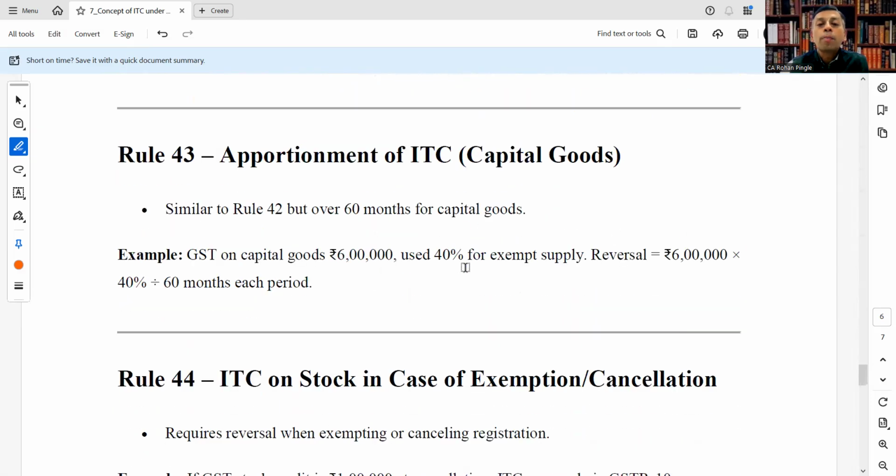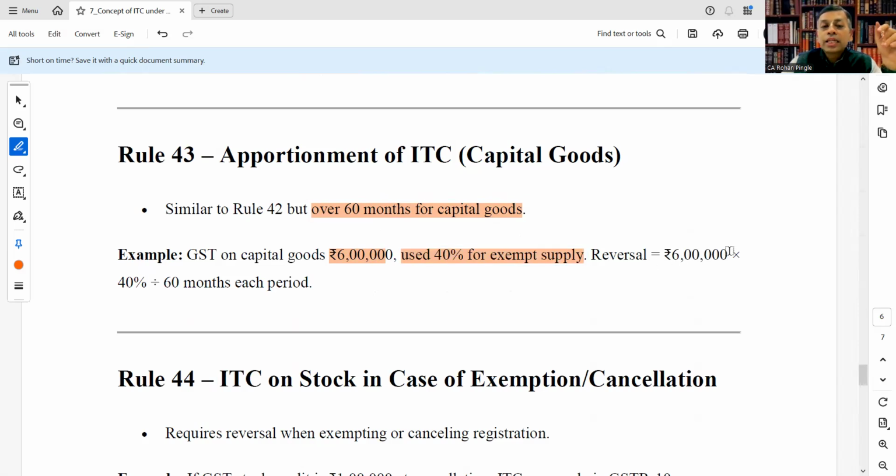Rule 43, apportionment of ITC on capital goods, is similar to Rule 42 but over 60 months for capital goods, that is 5 years. Example, GST on capital goods of 6 lakhs used 40% for exempt supply.